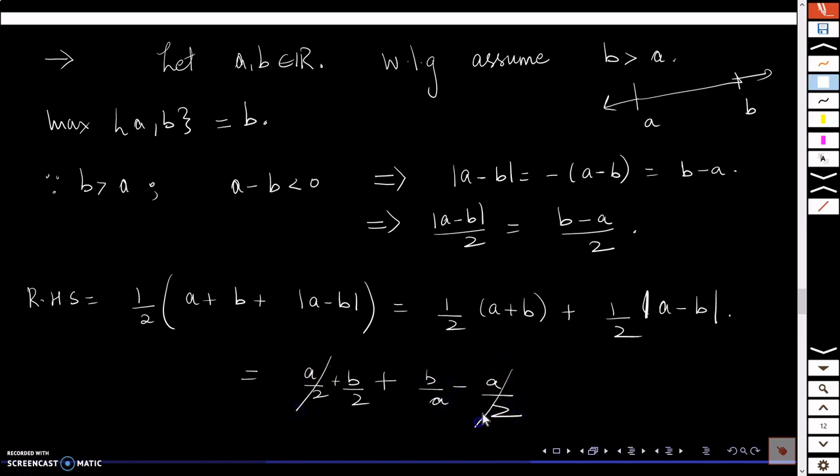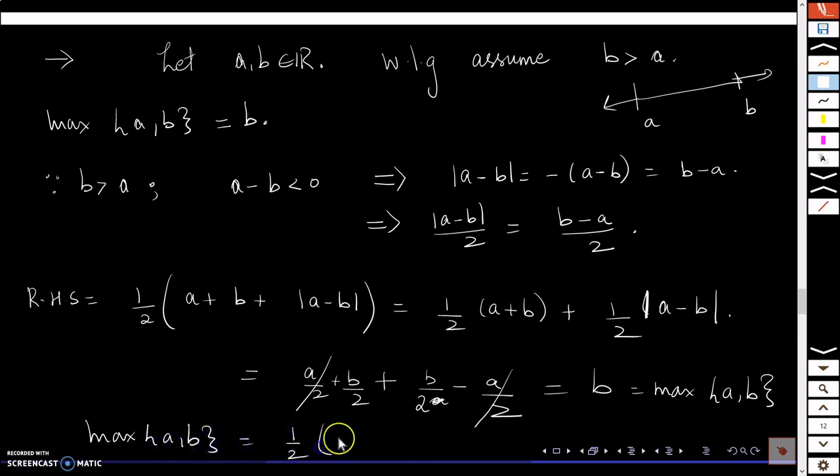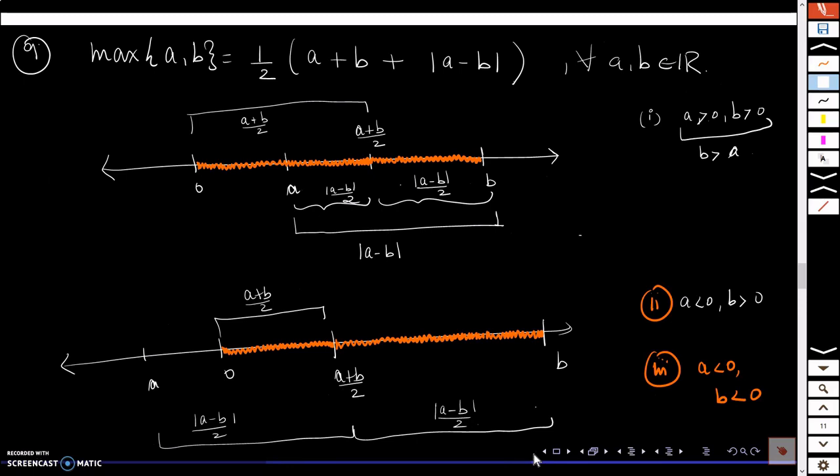So A by 2 will cancel out with this A by 2 and you are left with B by 2 plus B by 2, that's B. And B from here is nothing but maximum of A and B. So we conclude that maximum of A and B is nothing but half of A plus B plus absolute value of A minus B, right? So we have proved property 9 as well.